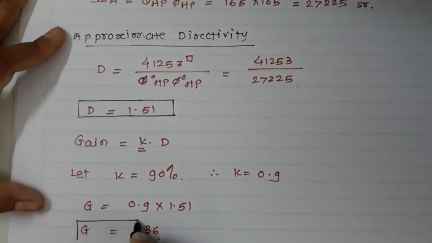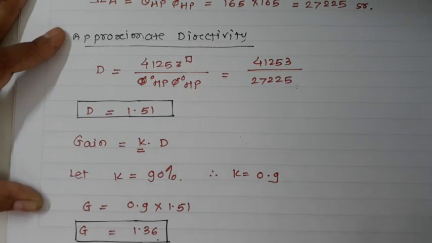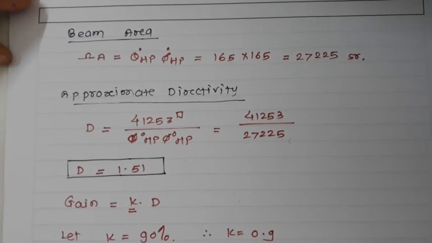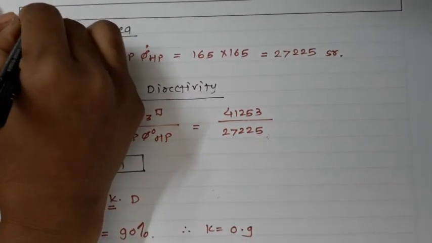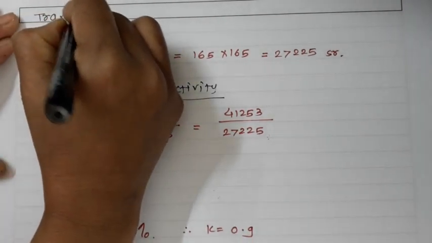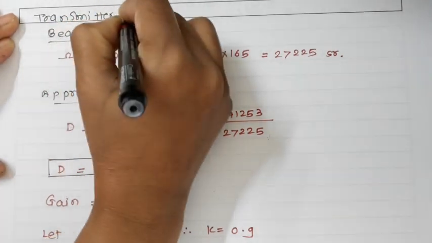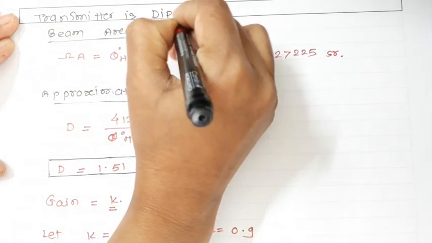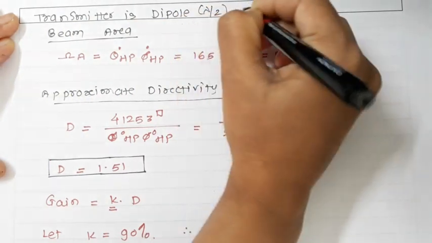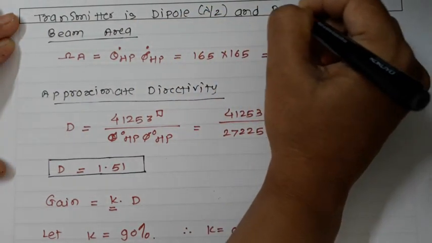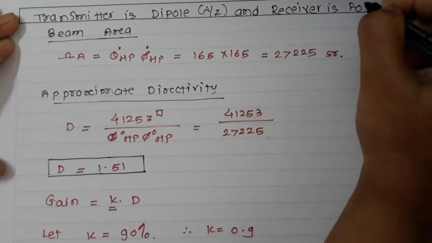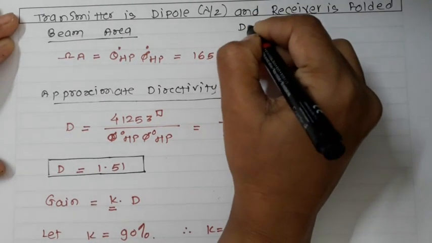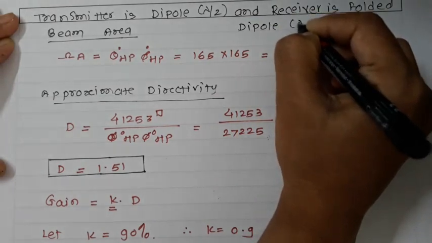Now this is the condition for when your transmitter is the normal dipole of lambda by 2 and the receiver is a folded dipole of lambda by 2.